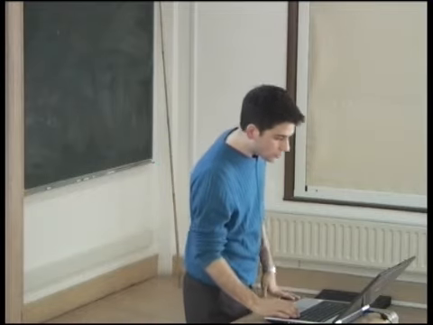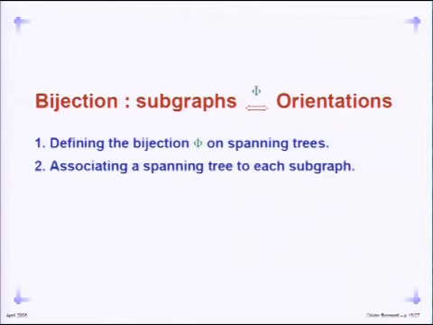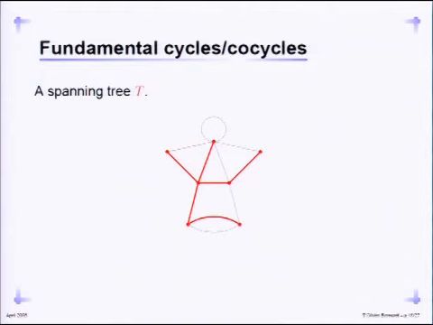Okay, so what I want to do now is to associate a spanning tree to each subgraph in order to continue to extend my definition. And this is where the Tutte polynomial will appear. So let's consider a spanning tree.